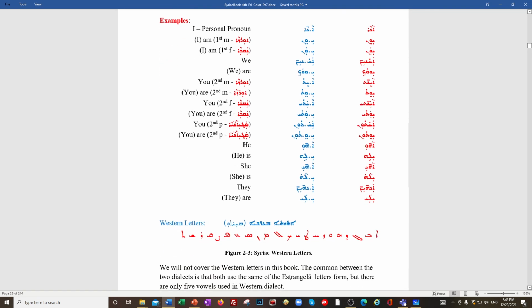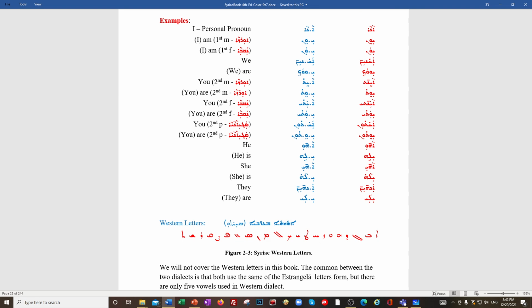Some of the examples, how we're going to read them: I want you to start using your pencil, writing the sounds of each word in your native language, because we're going to use them in examples, even though we're not going to cover all letters.